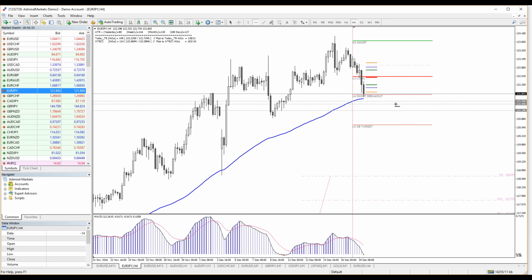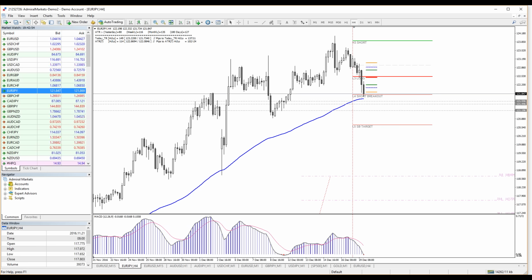I mean, all of these levels are valid here. So I needed to choose one level, and I chose 121.30. See, starting from here, it could reject. So watch for that. Let's see how it will develop, but watch for that.